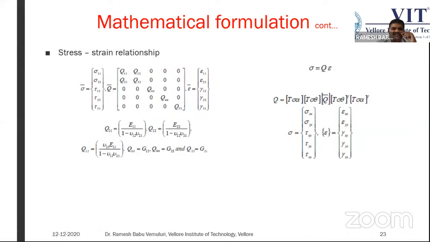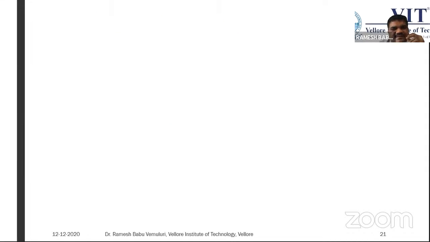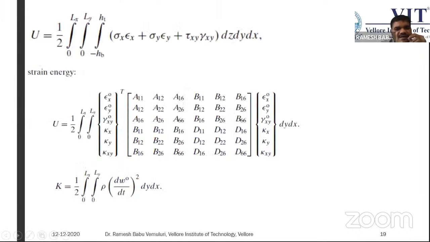Then once you get this sigma, you know that the sigma can be converted into the force and moment terms Nx, Ny, Mx, My, and so on. The force per unit length is nothing but stress integrated over thickness, in terms of the strains. So we got these relations.